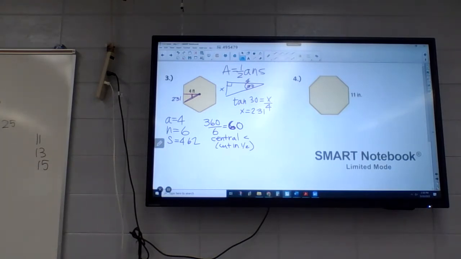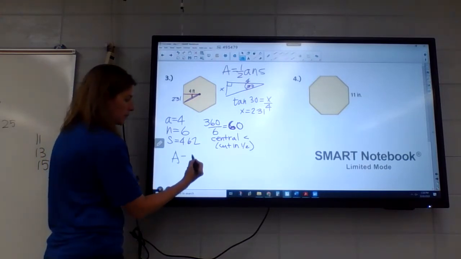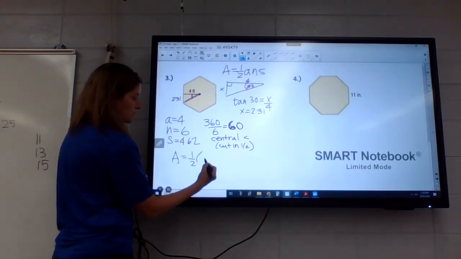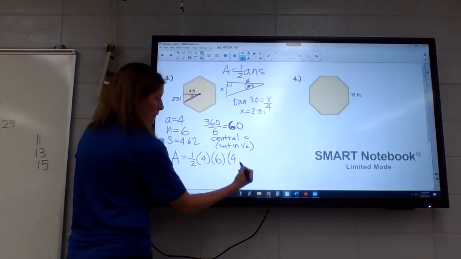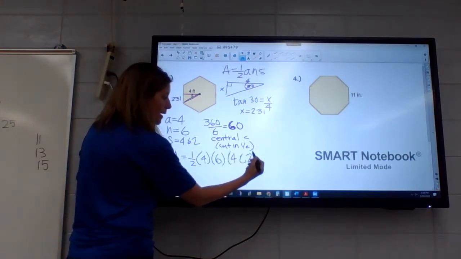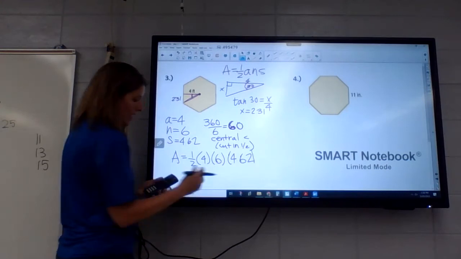Once I have that, then we just have to do our formula. One-half a times n times s. And again, anytime I can, I leave the really long decimal in my calculator, so I'm just going to work backwards from this. It just keeps my answer a little bit more accurate. So I use that previous answer and just multiply those all together.